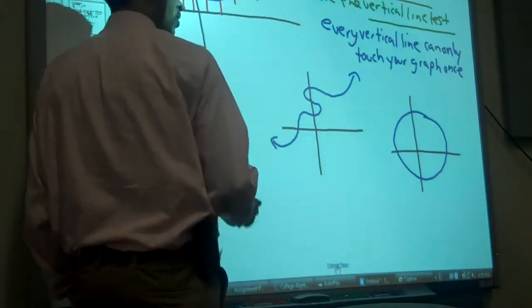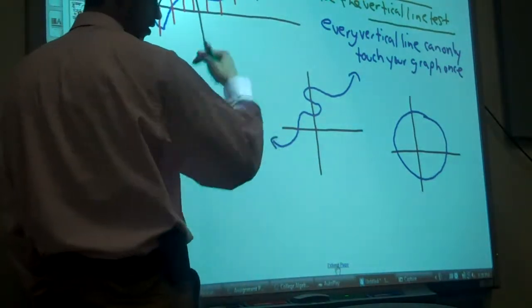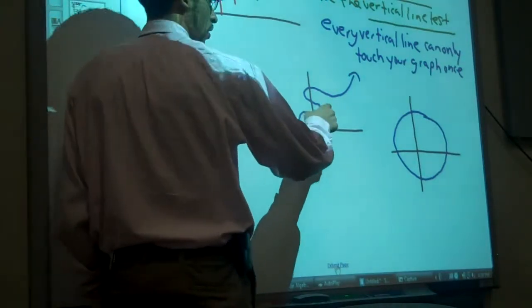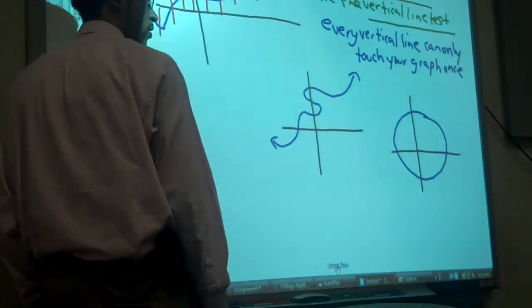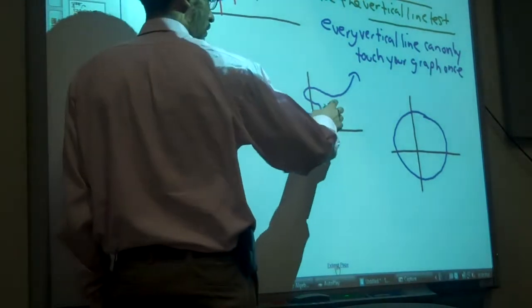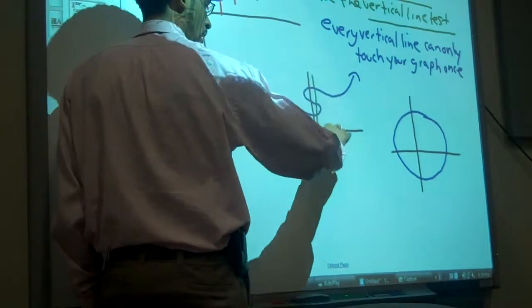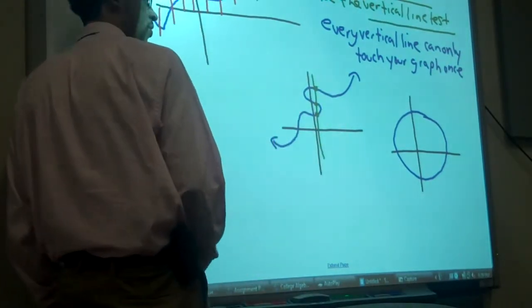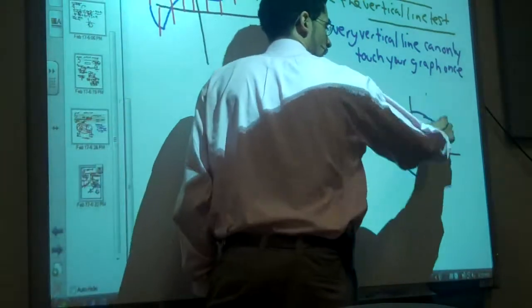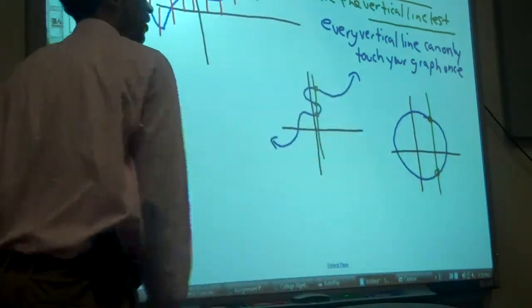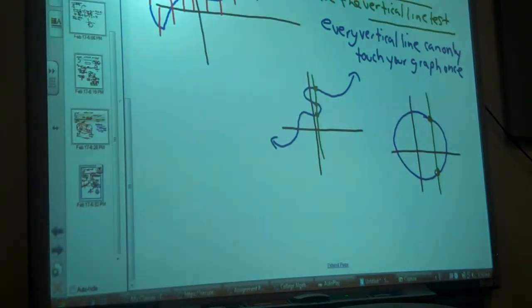There are some vertical lines, I guess the y-axis itself is a vertical line, that has 3 different places where it crosses the graph. Here's one, though, other than that. 1, 2, 3 places where it crosses. Every line here is going to cross twice, except for the ones at the ends there. These guys aren't functions.